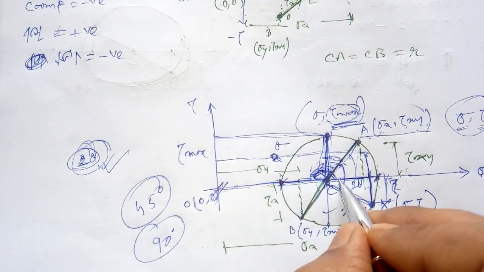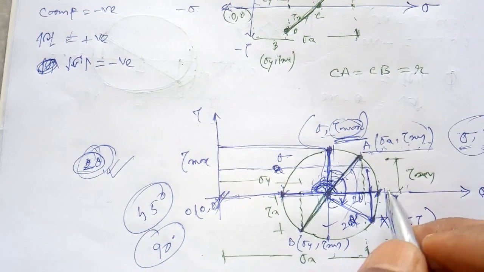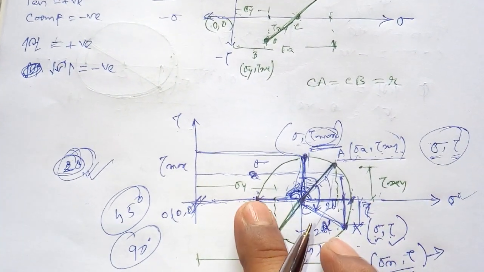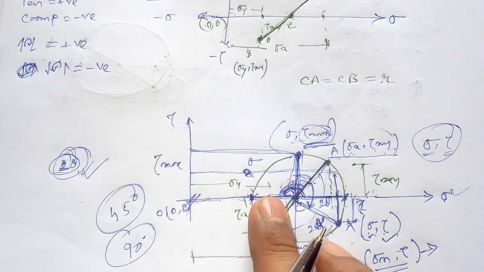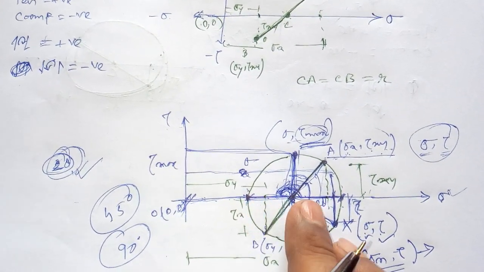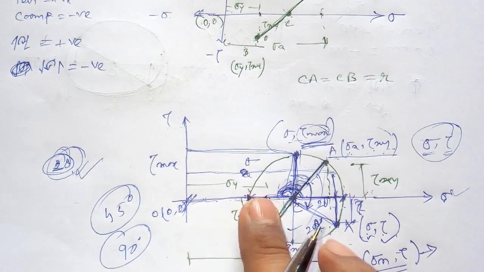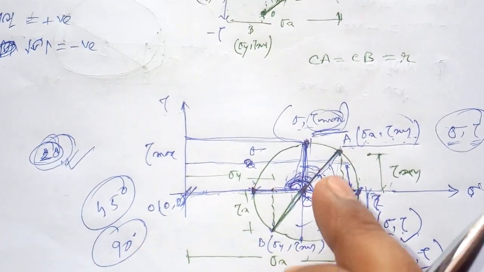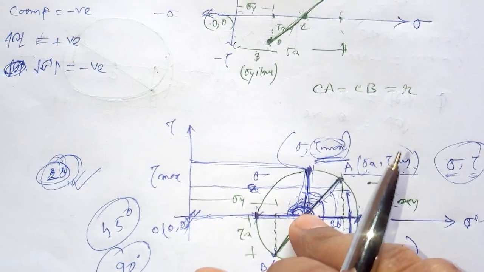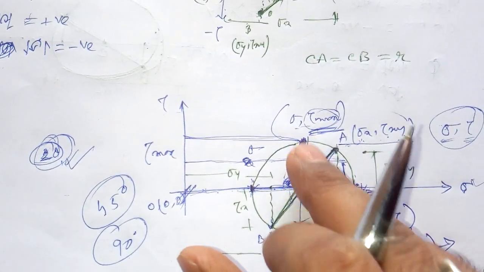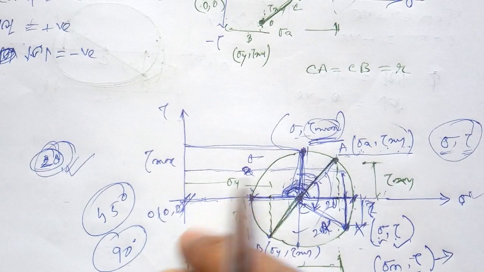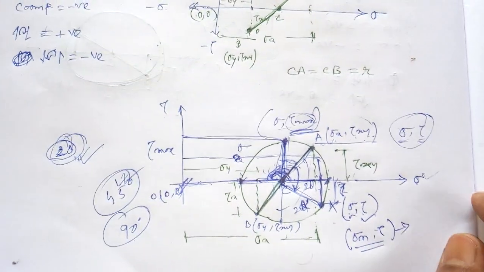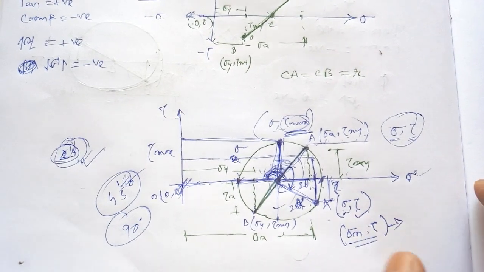So the major principal plane and minor principal plane are 90-degree apart, that means they are mutually perpendicular, and the one plane which is having the maximum shear is 45-degree apart from these two planes, right? Those are the things we can find out from this Mohr circle.